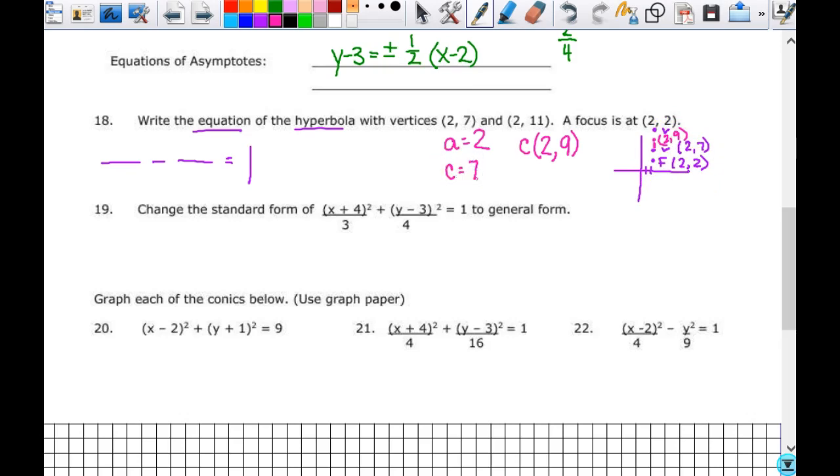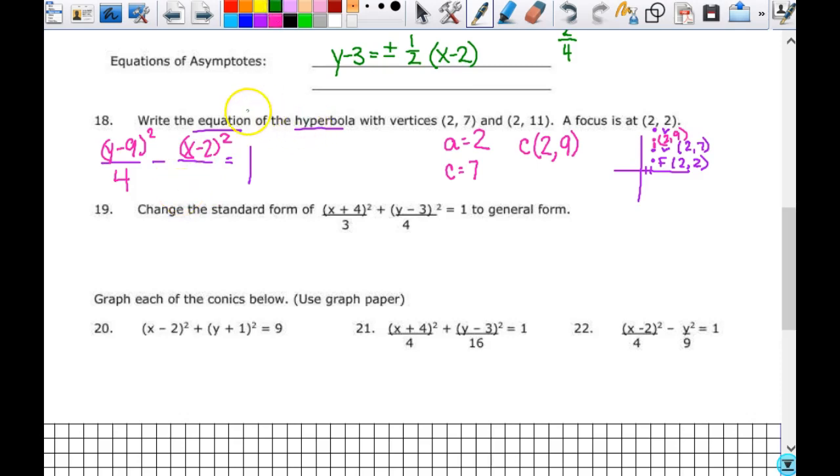In order to write my equation, I know that a always comes first. So a squared, that denominator is 4. I can go ahead and get my numerators in there because I have the center point. Remember, it's opening vertically, so y comes first. So this is going to be y minus 9 squared, and then x minus 2 squared. So this denominator is b squared. That's what I'm missing right now, so I've got to go figure that out.